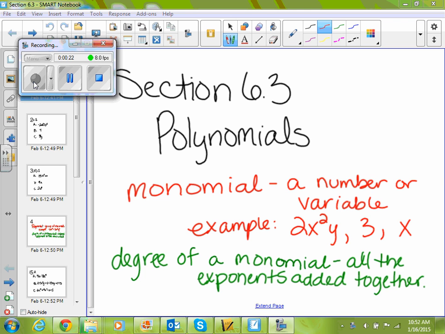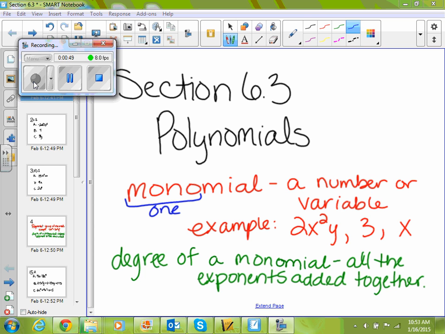The first vocab word that you need to know is monomial. A monomial is a single term, single number, or variable. Mono is the root word for one, so this means one term. A term is any numbers or letters that are connected together.